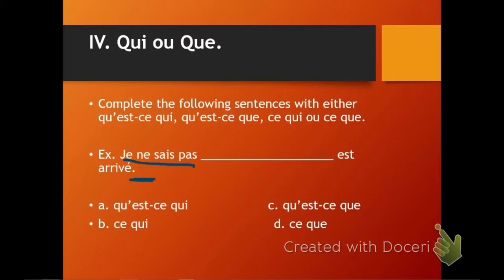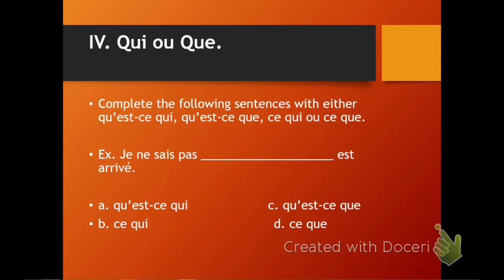So because it's an indirect question, we know that we can eliminate answers A and C. It can't be either qu'est-ce qui or qu'est-ce que. So now we're left with either ce qui or ce que. And because our sentence has no subject pronoun, but we just start off with a verb, we know it can't be ce que, it has to be ce qui.